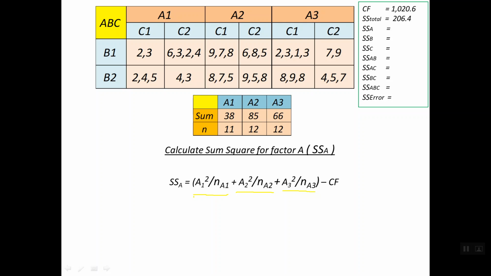Let's understand the details of the calculation for the first level, which is A1 squared divided by n sub A1. A1 squared here means the summation of the observations for the level A1, and inside this table A1 represents all of these observations.